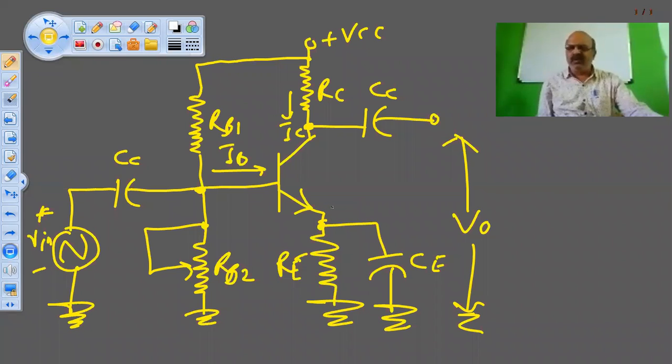It is above the ground. But for AC signals, since the capacitor C is providing a short circuit, it is at the ground potential. So in this way I can say that this is a common emitter amplifier. Emitter is common. It is at the ground potential for AC signals. Correct. So this way you can conclude.